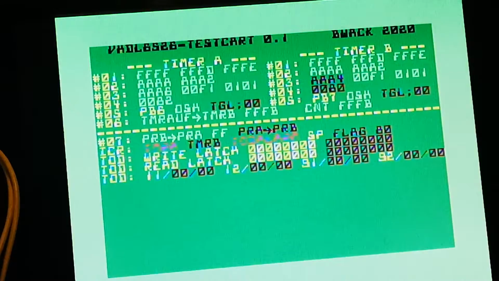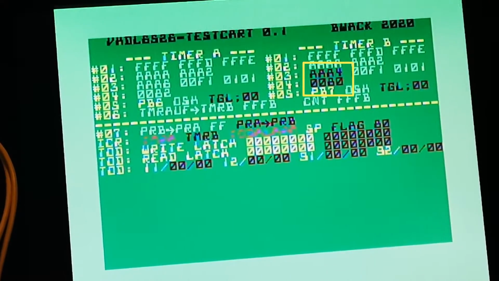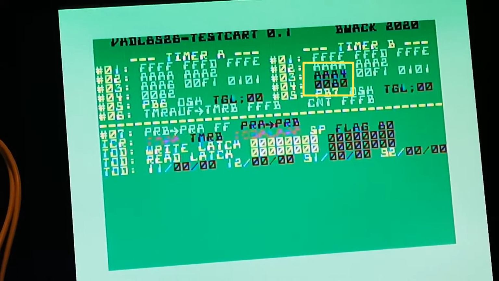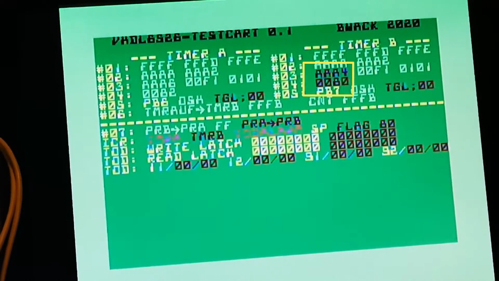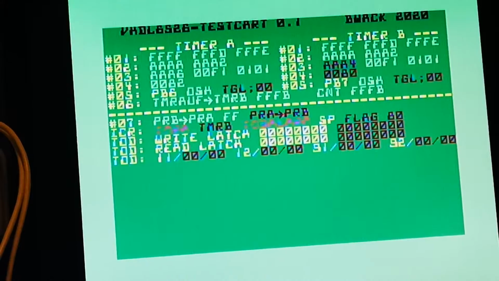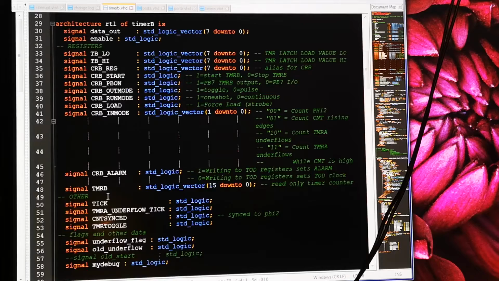Now if we look closer at it again, we can see that timer B has the old code. You can see it's 2 counts behind. Well, that one is still looking at rising edge, not falling edge. And the second thing is that we don't have this extra register, so let's just add that.